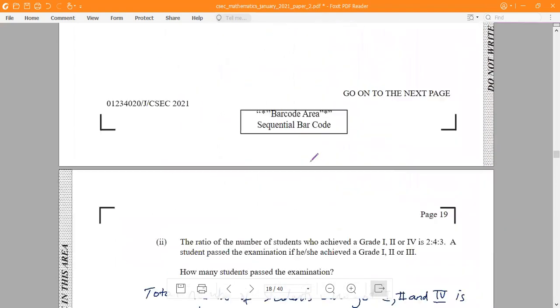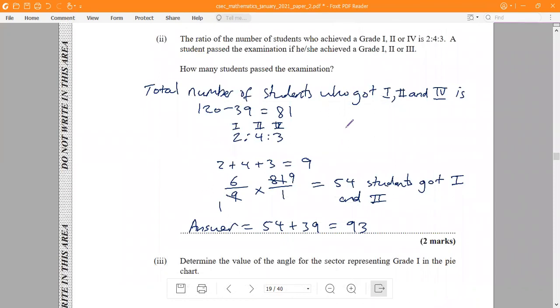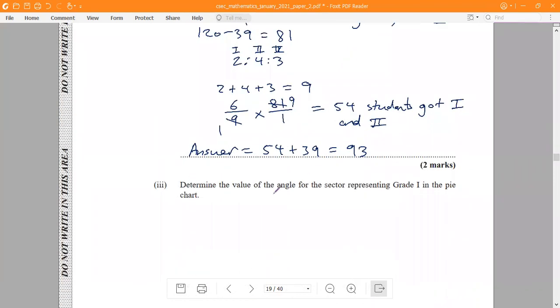The number of people who got grade 1 is 2/9 of 81, using the ratio above. Now 9 into 9, 1, 9 into 81, 9, 9 times 2 is 18. So 18 students got grade 1.